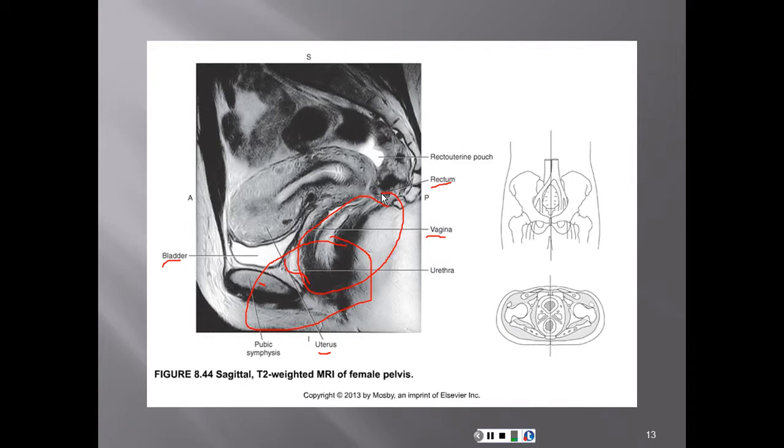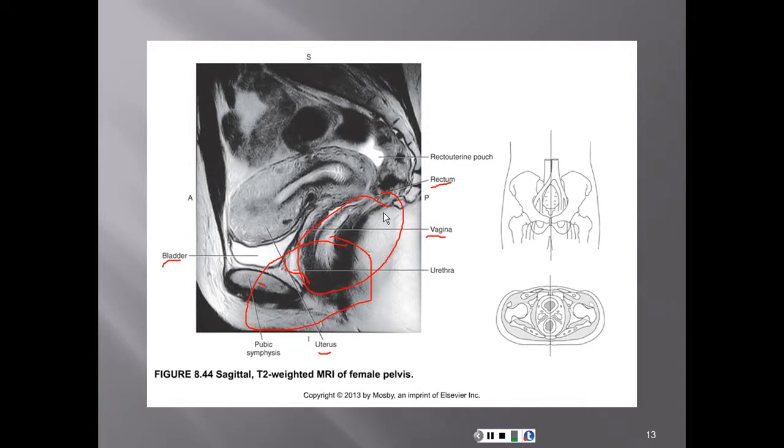Okay, the region is divided into two triangles, posterior and anterior. The posterior triangle is the anal triangle, and the anterior triangle is the urogenital triangle, commonly referred to as the urogenital diaphragm.